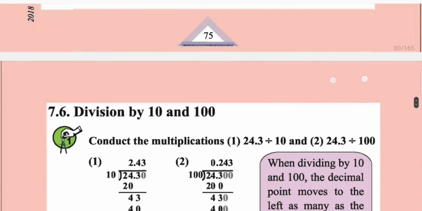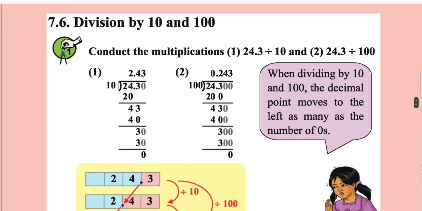Divisions by 10 and 100. 24.3 by 10, 24.3 by 100. 24.3 by 10 we already know, it is 2.43, and this is 0.243.